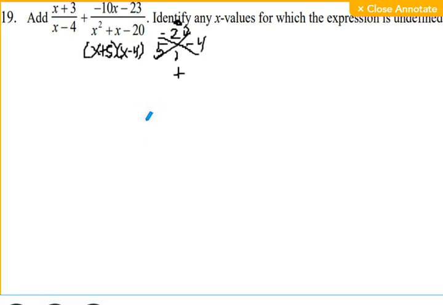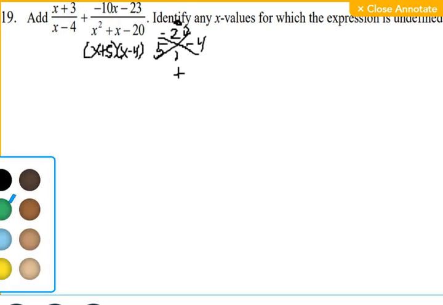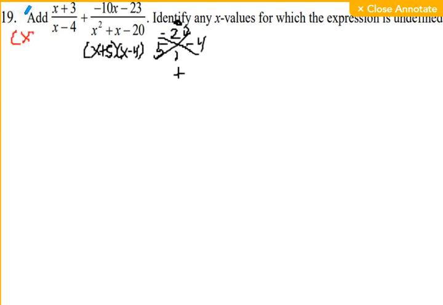All right. So by looking at this, look at the denominators. We need to have a common denominator. Do both denominators look alike? No. The first one is missing what? So that means we need to multiply this one, x plus 5, the denominator, but also the numerator, x plus 5. All right?